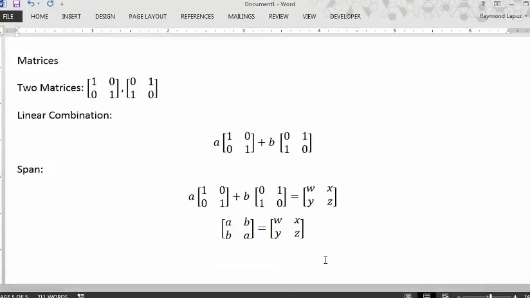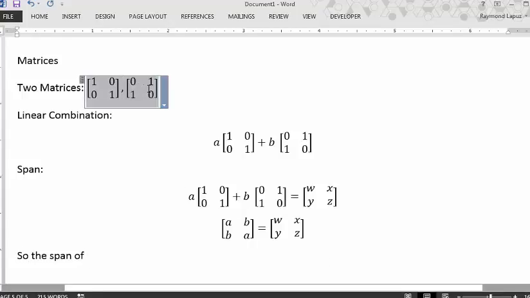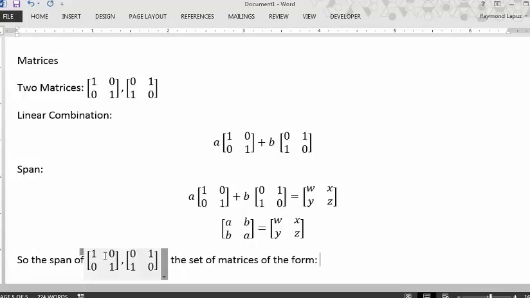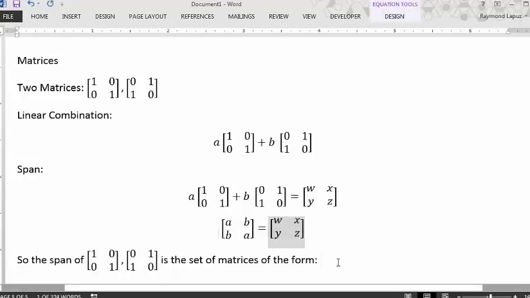So we can conclude that the span of these two matrices is the set of matrices of the form. I'm going to go ahead and copy this matrix, but then we changed a few things, right?